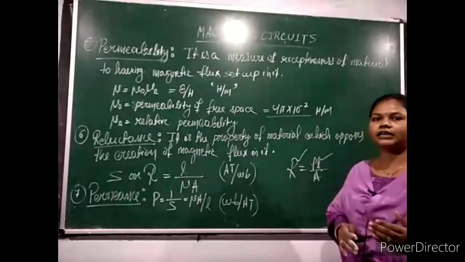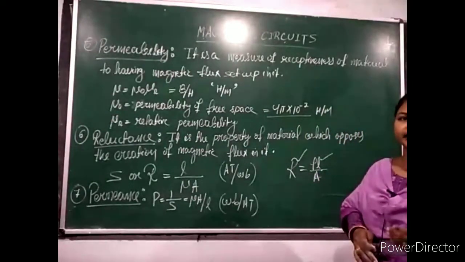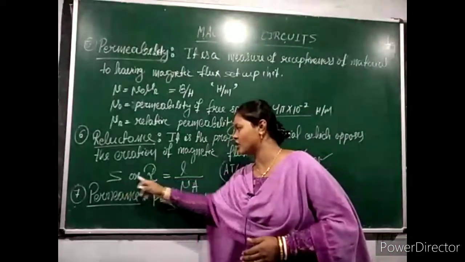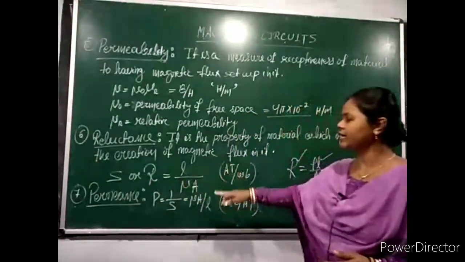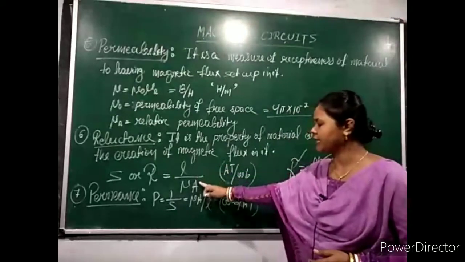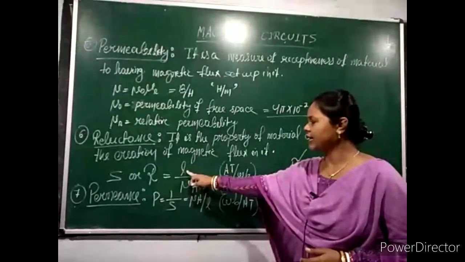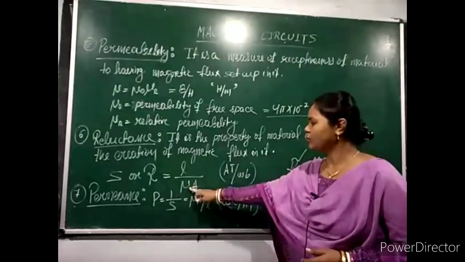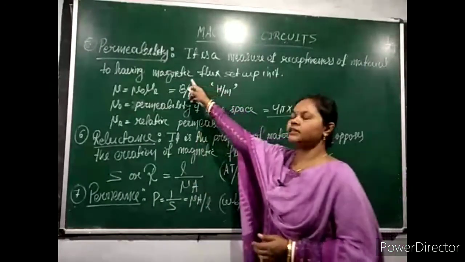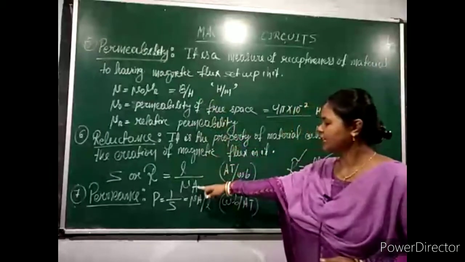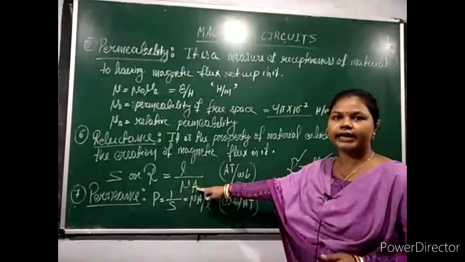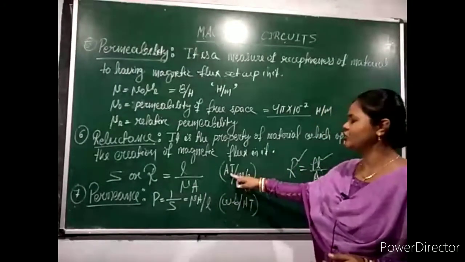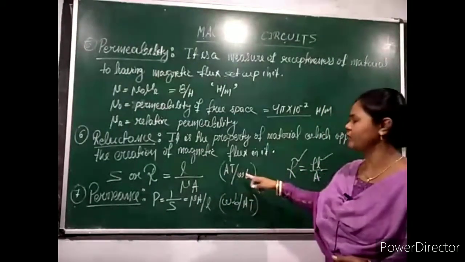It is symbolized as S or R, and mathematically its value is L by mu A, where L is the length of the magnetic material in meter, mu is the permeability, and A is the cross sectional area in meter square. Its unit is ampere turn per Weber.